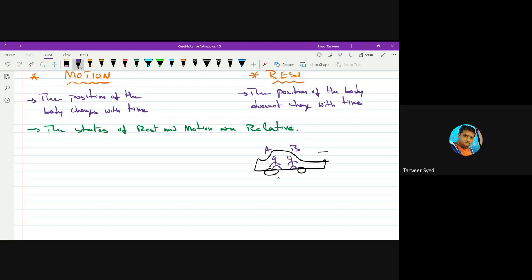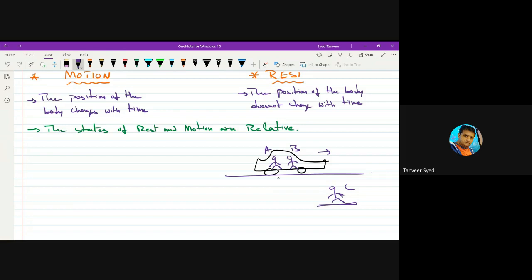are going in a car which is moving in this direction on a road, and another person C is standing on the road, he is stationary, and he is watching A and B. Now, if you ask C, what is the state of motion of A, C will tell that A is in motion.